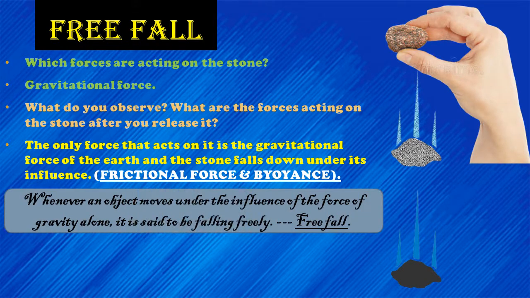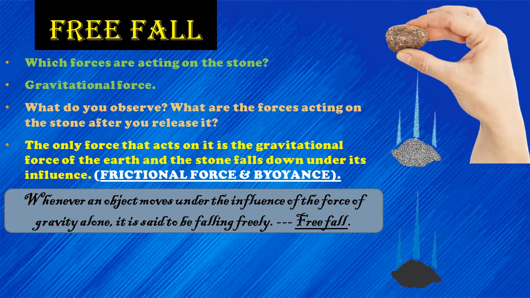Now whenever an object moves under the influence of the gravitational force alone, it is said to be falling freely, and thus the released stone is in free fall. The earth attracts any object towards it due to the gravitational force, and when an object moves such that only the gravitational force of the earth acts on it, it is said to be in free fall.